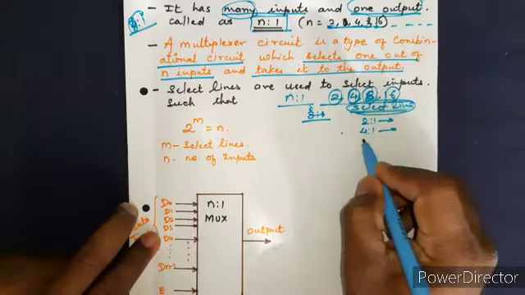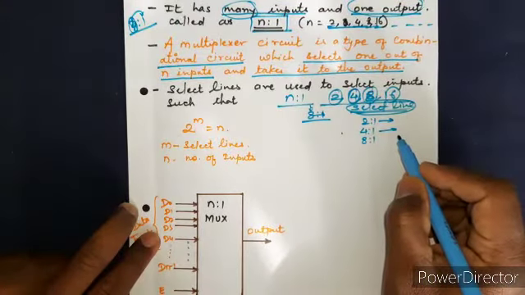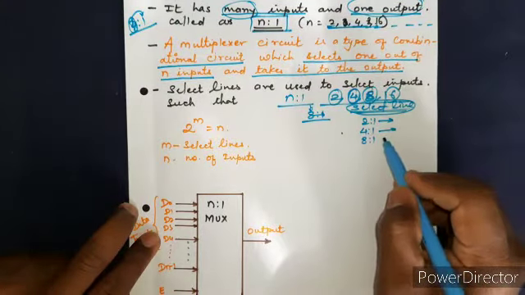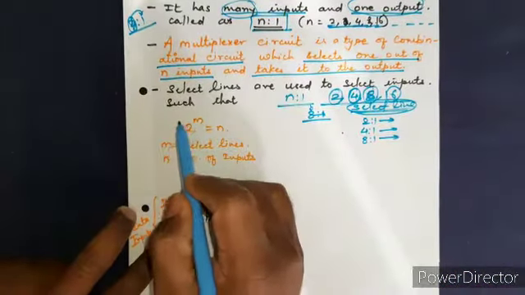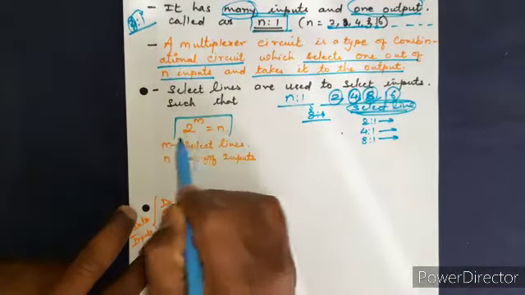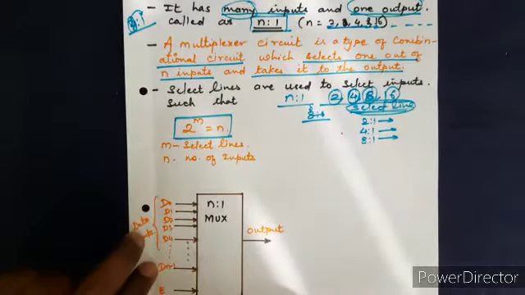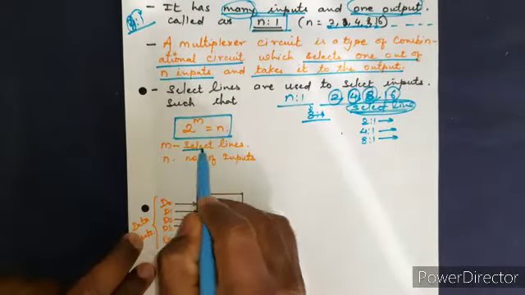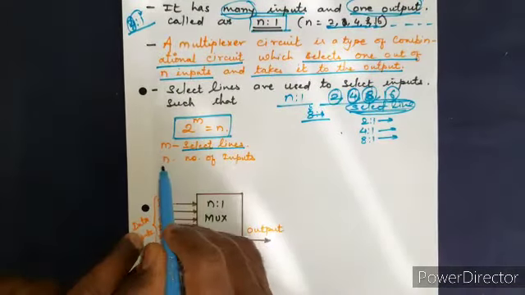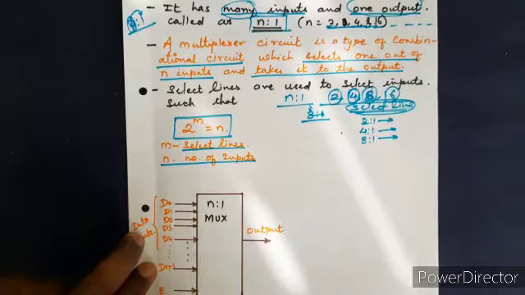If the multiplexer is 8:1, how many select lines are required? This is decided by this equation: 2^m equal to n, where m is the number of select lines and n is the number of inputs.